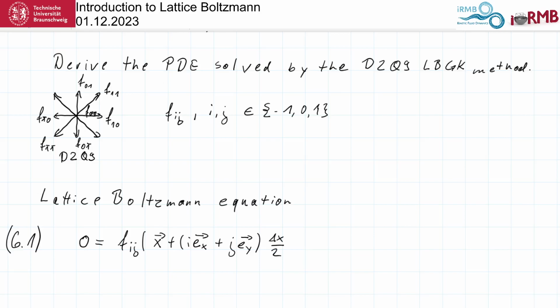So we are remembering the characteristic diagram, yeah, that we are always half a grid spacing and half a time step away, so that the data is stored half a grid spacing and half a time step away from the collision, right? And the place x and the time t is the location and the time of the collision, yeah, not this streaming.